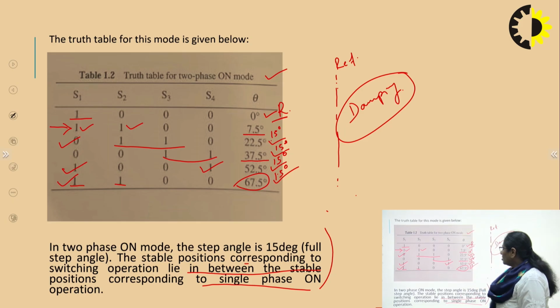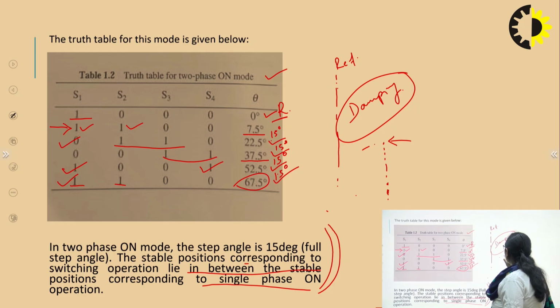In two-phase on method, what happens is, suppose this is representing the position of the rotor, and you know well that in its final position of equilibrium, actually two magnetic fields are acting upon the rotor, and they are acting in opposite direction.